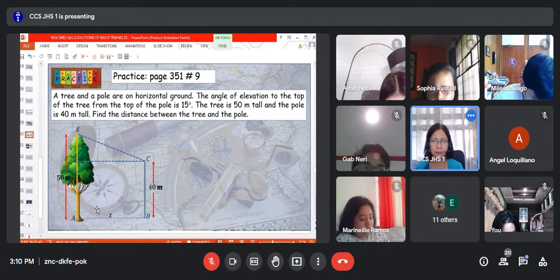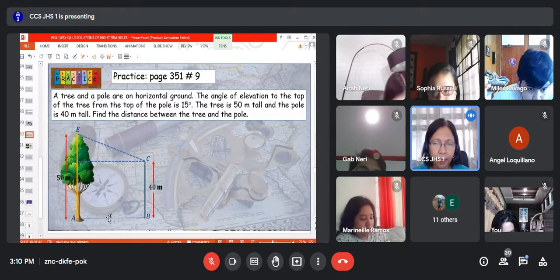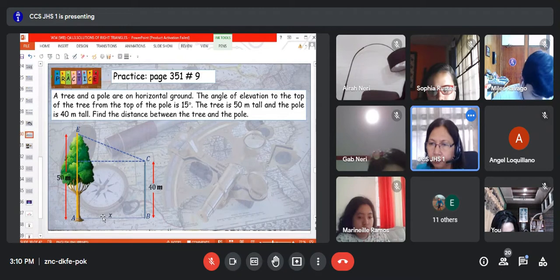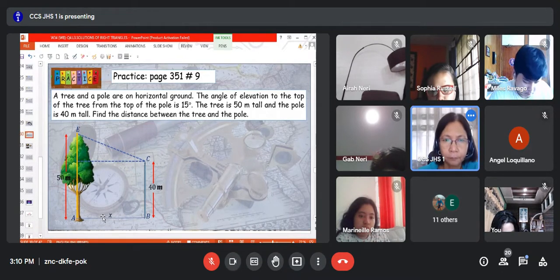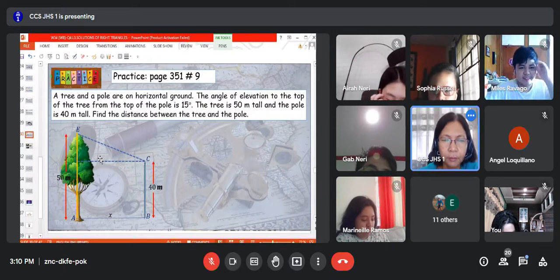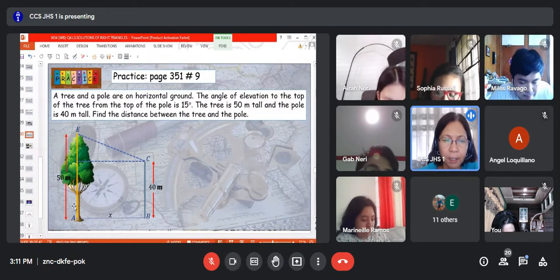What is the distance between the tree and the pole? That is your x. The tree is 50 meters high.